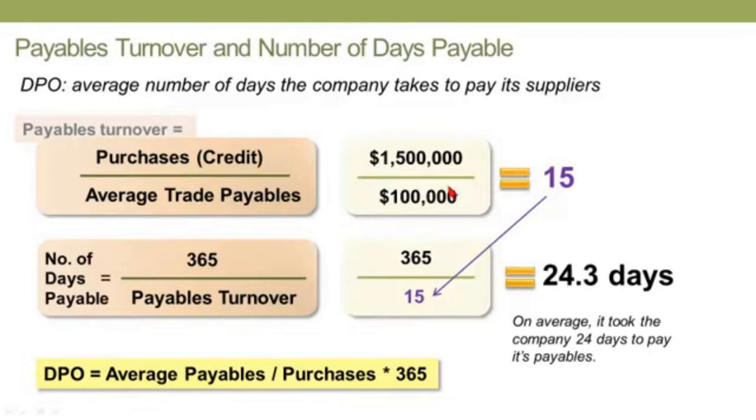For example, if the purchases during the year were 1.5 million with an average trade payable, again, that's the average of a balance sheet account, this time a current liability, of 100,000, we would have 15. We could divide that into 365, and then we get, in this case, 24 days, and we can say, on average, it takes this company 24 days to pay its payables.